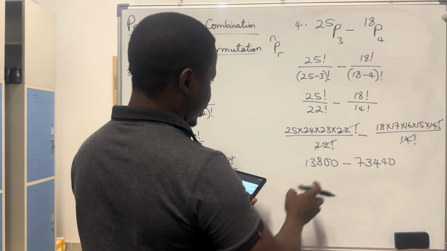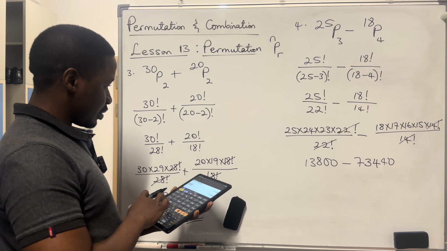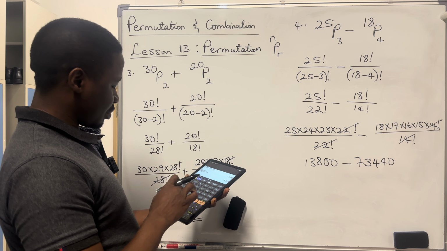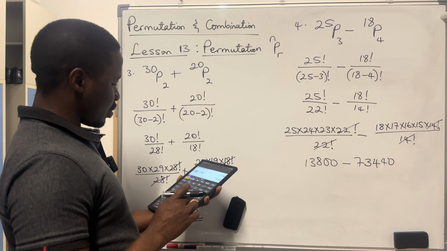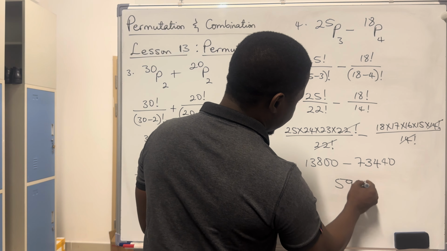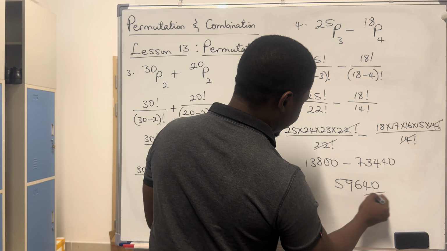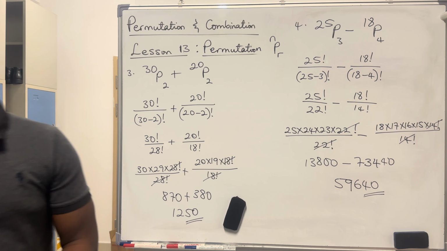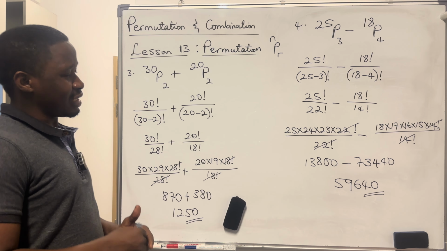If we take away 13,800 from this, we have 59,640. So this is what we have for the 13th lesson.